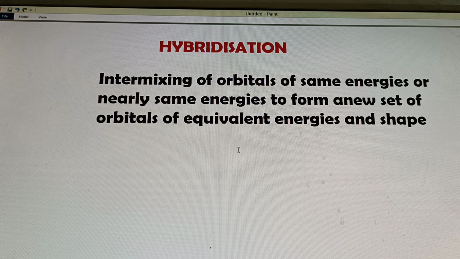So hybridization means some mixing is there. So in that case, what is the mixing? That is intermixing of orbitals of same energy or nearly same energies to form a new set of orbitals of equivalent energy and shape.